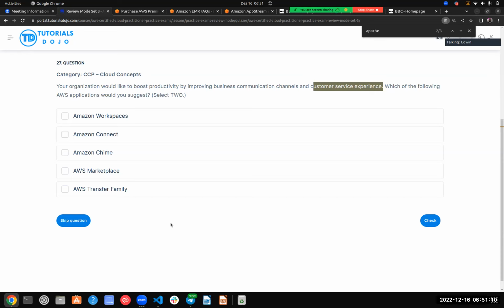Okay. So I'll go for WorkSpaces and Connect because I don't know Chime. But what is WorkSpaces? WorkSpaces is great for creating desktops. WorkSpaces goes in line with desktops, so I'll go for Amazon Connect and Amazon Chime.